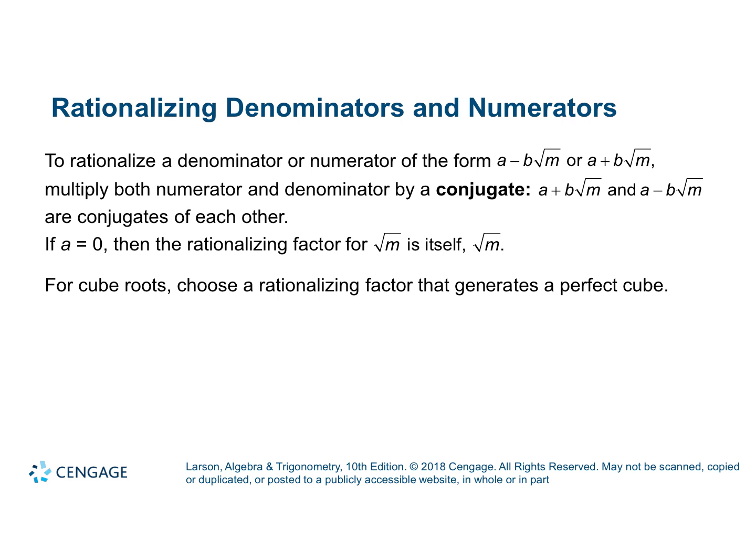All right, so next we're going to talk about rationalizing denominators and numerators. Rationalizing is when we have a square root and we want to get rid of it. Typically, we don't like to leave square roots in our denominator, so we want to rationalize to get rid of it from the denominator.